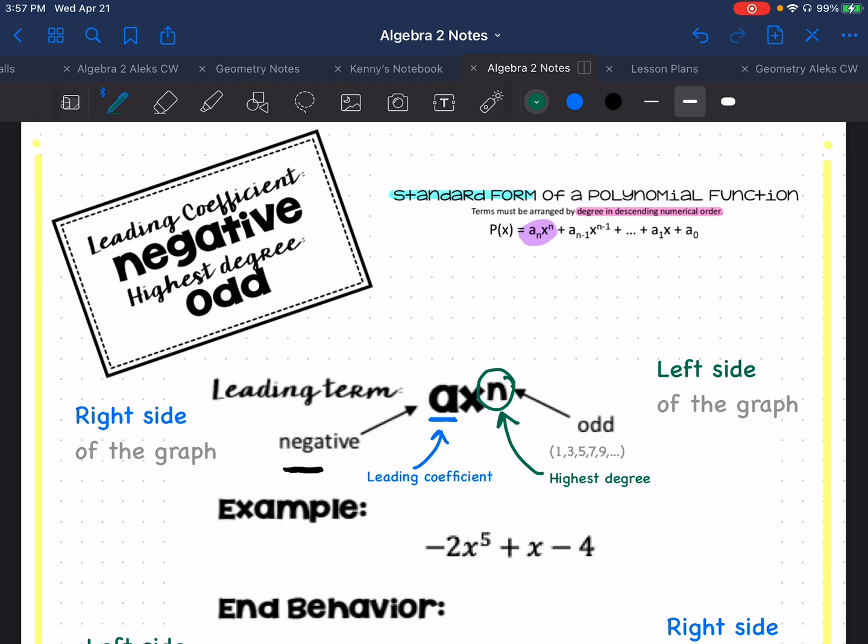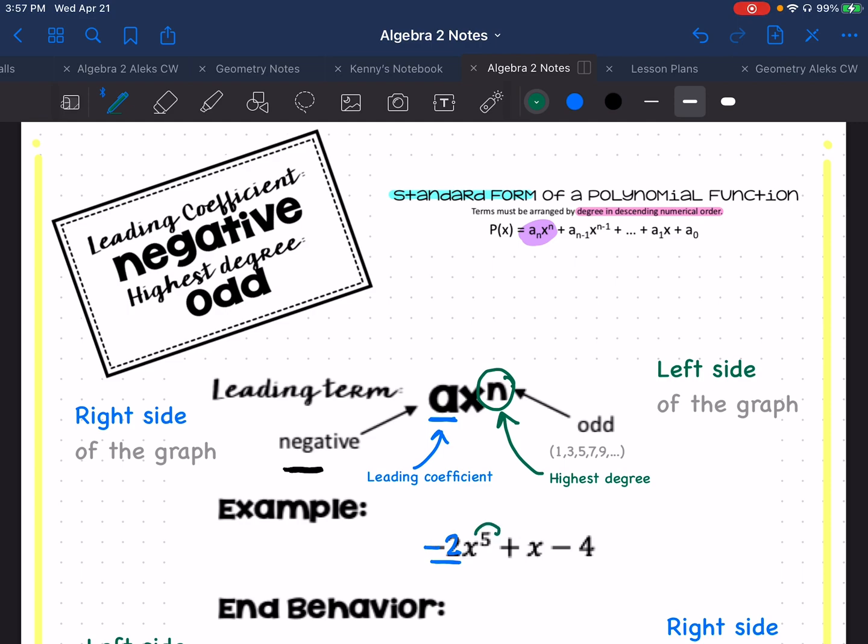In my example below, let's check to make sure that we are in standard form. The largest exponent I see is 5, so I'm going to count backwards. 5, 4, 3, 2, 1, none. We're okay. All right, so this is my leading coefficient, and this is my leading term. Notice it is -2.